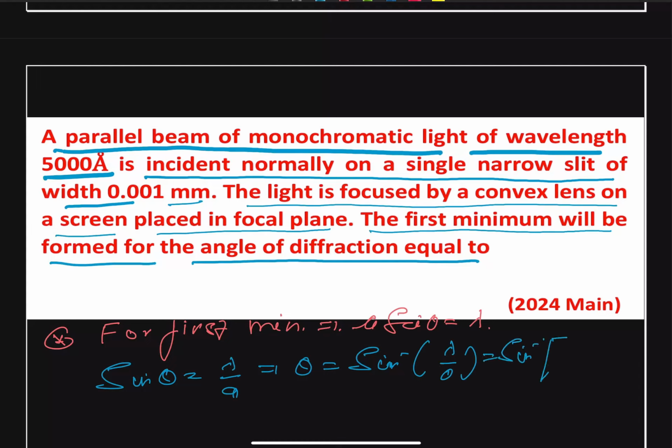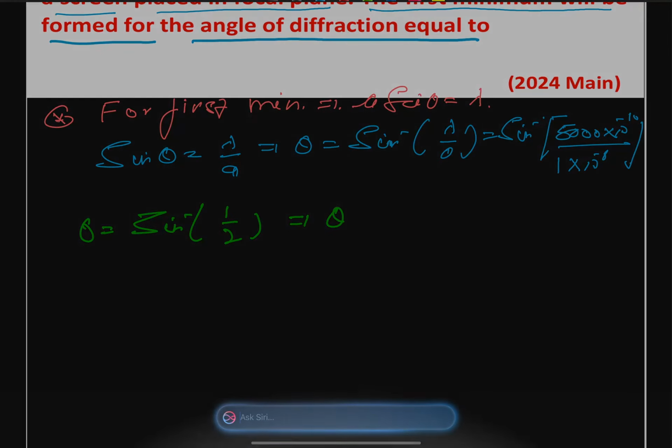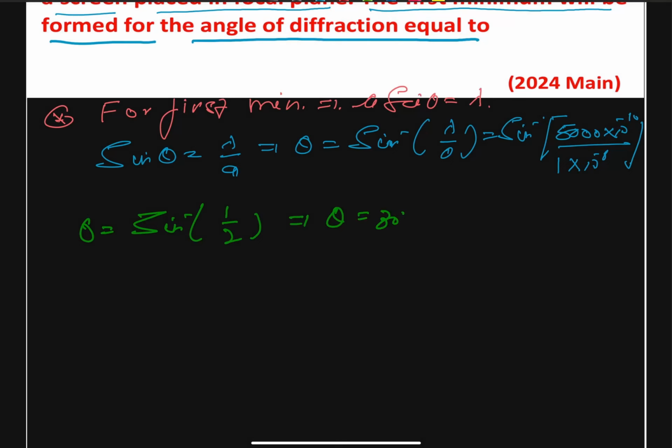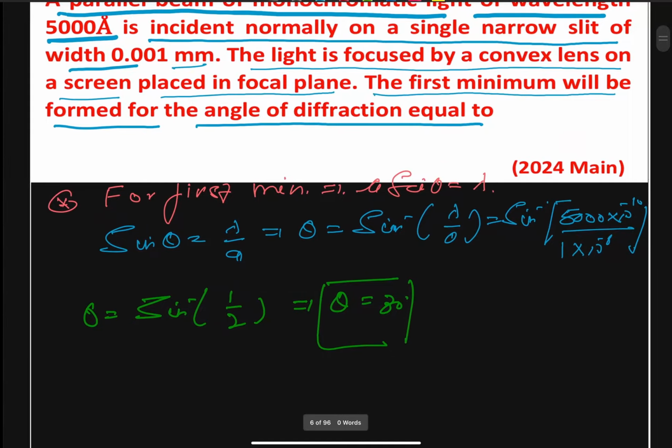Sine inverse of lambda, which is 5000 angstrom, over 0.001 millimeter. So this gives us that theta will be equal to sine inverse of 1 by 2, giving us theta equal to 30 degrees. So this completes this question. We come to the next one.